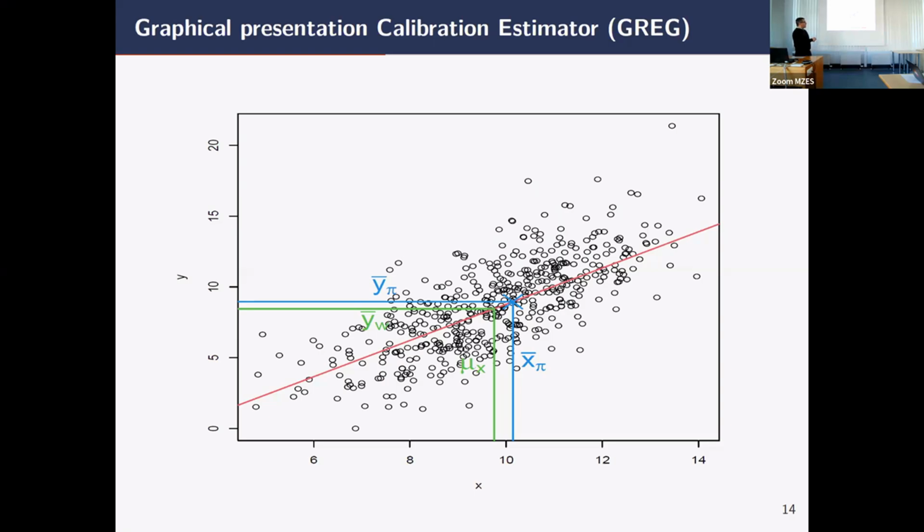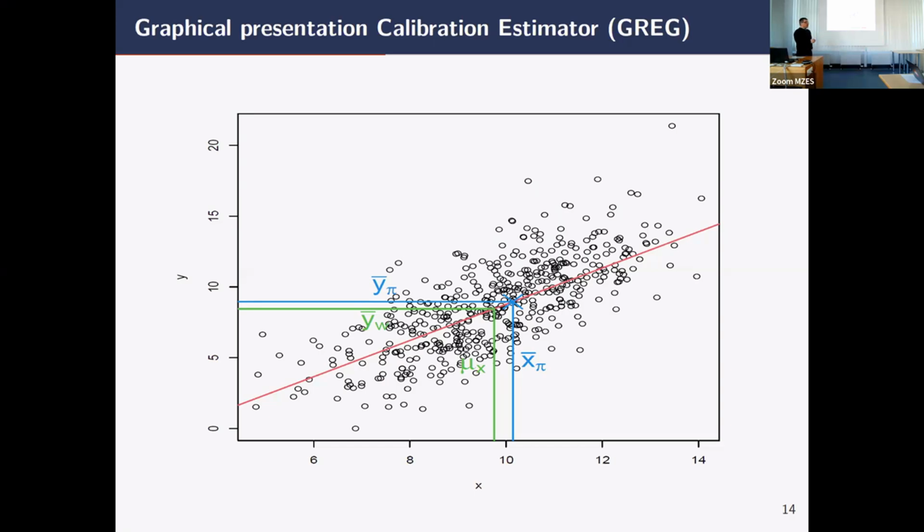Okay, so what we have here, again, there's a point cloud. This is data from some sample, and the blue lines correspond to the design weighted estimates. So I'm having here the mean of my variable of interest and the mean of my auxiliary variable. And the red line is the regression through this point cloud.